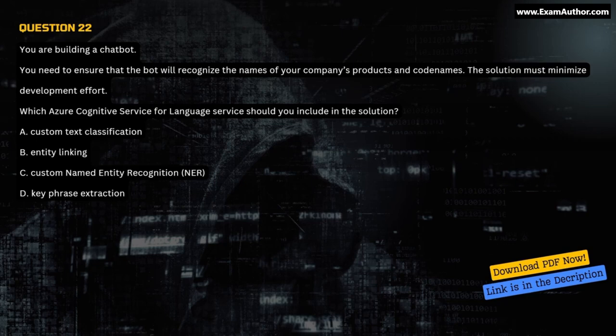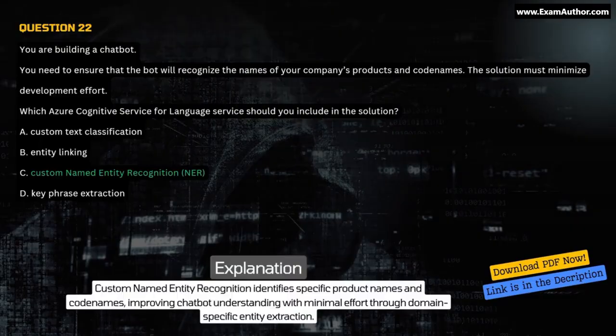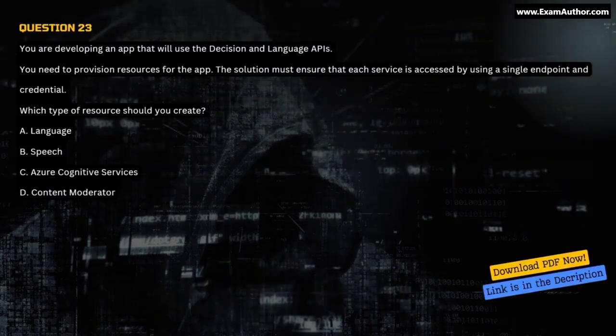D. Key phrase extraction. Correct answer, C. Custom named entity recognition NER. Explanation. Custom named entity recognition identifies specific product names and code names, improving chatbot understanding with minimal effort through domain-specific entity extraction.